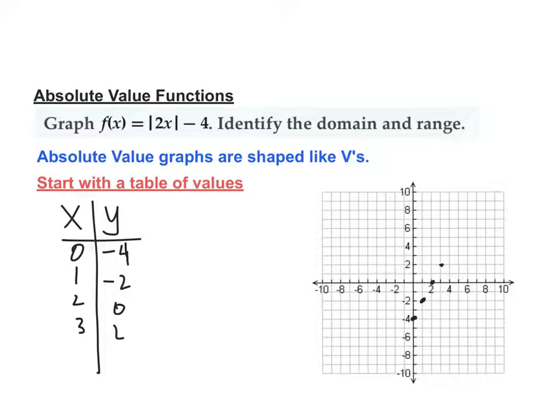So my next move is I'm going to go ahead and move to where x's are negative. So I'm going to go with x of -1, okay? And when I plug that in here, I get 2 times -1, which is -2. The absolute value of -2, of course, is +2. So 2 minus 4 is -2.